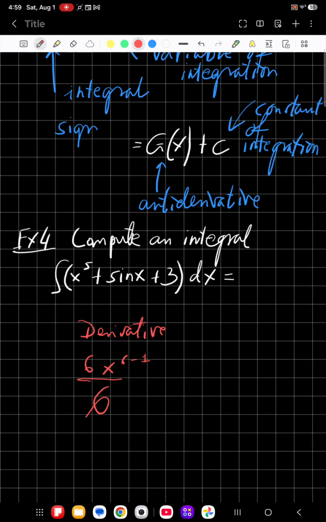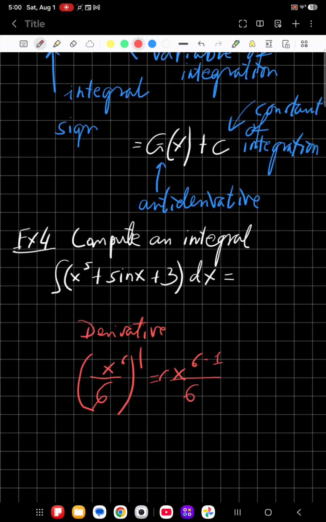Now if I take a derivative of that, let me erase this part, and this part. And so I'm taking the derivative of that. I'm going to get x to the 6 minus 1, divided by 6.